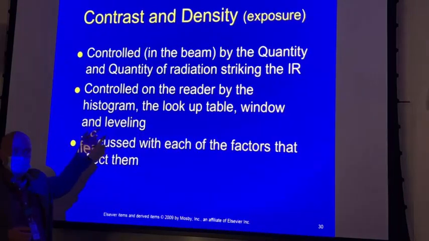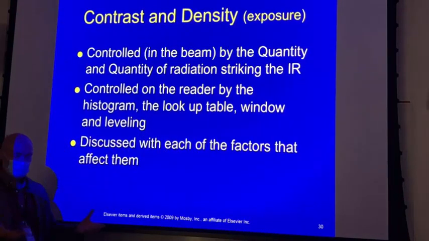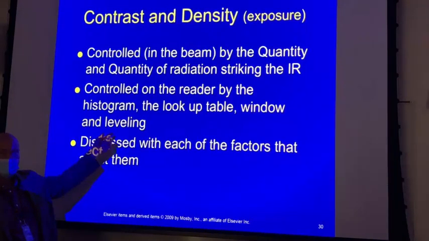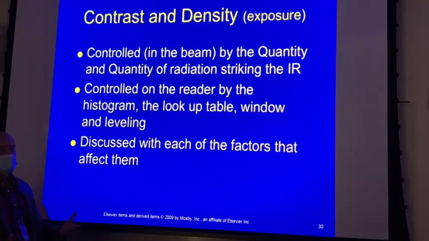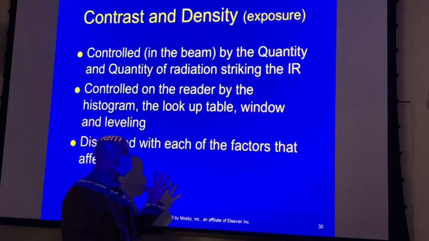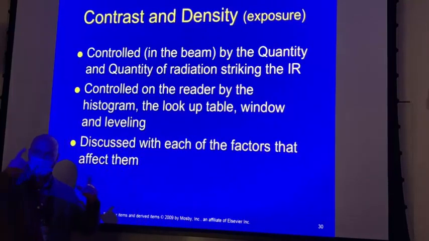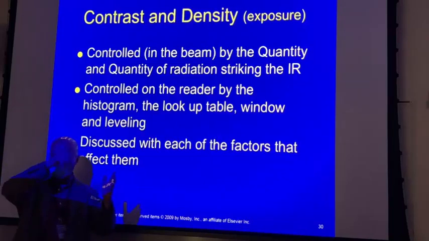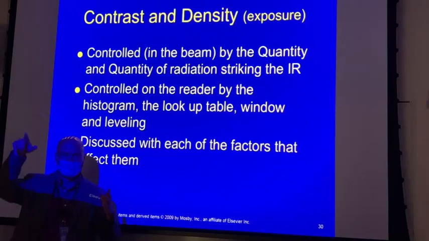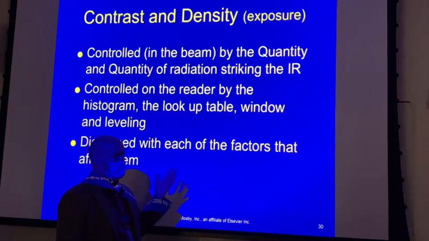Okay? Your histogram is what you shoot. So your histogram is going to change for every patient. You make an exposure, you get a histogram. It's a range of exposures that you actually made, and the densities that are represented. There are some pictures of histograms in the book, and they're just a graph with different peaks and valleys.